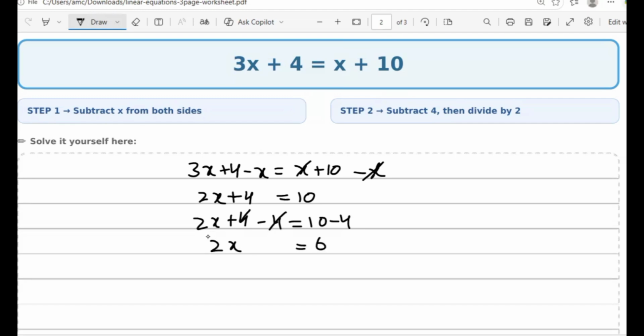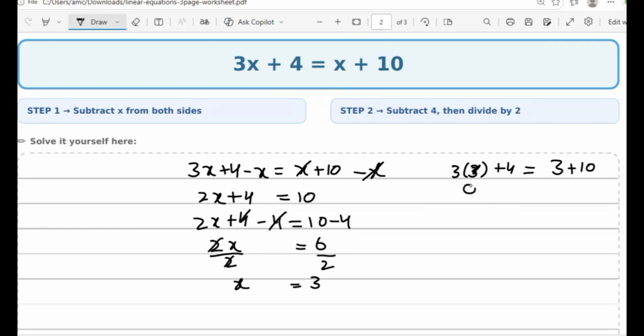Okay, now we want to remove this 2. To remove this 2, we divide both sides by 2. So this 2 is cancelled out with this 2. So x is equal to 3. Now to check it out, we put 3 in the place of x in this equation. So we have 3 times 3, plus 4, is equal to 3 plus 10.